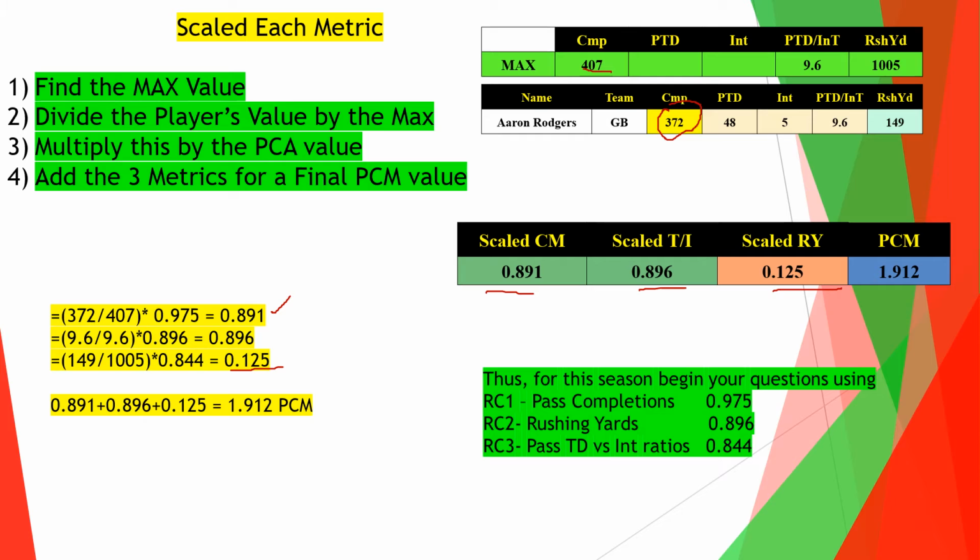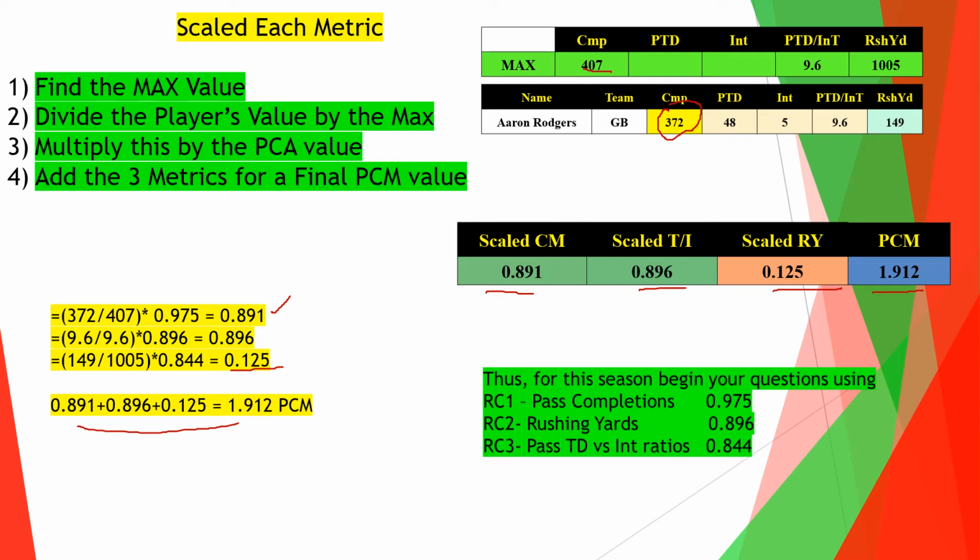So he was not very strong in rushing. That's okay. I simply added these numbers together, and here was his final model number, PCM. I just called it the principal component model number, based on the previous data pruning and based on the 3 categories.